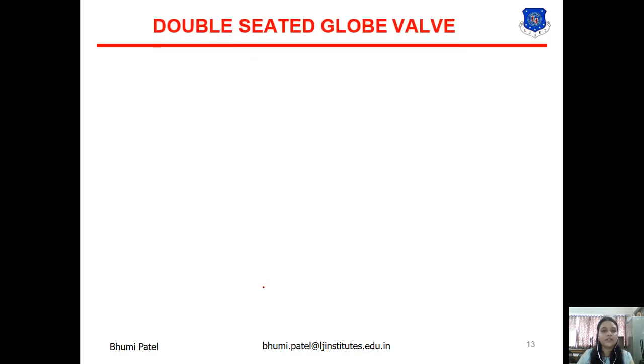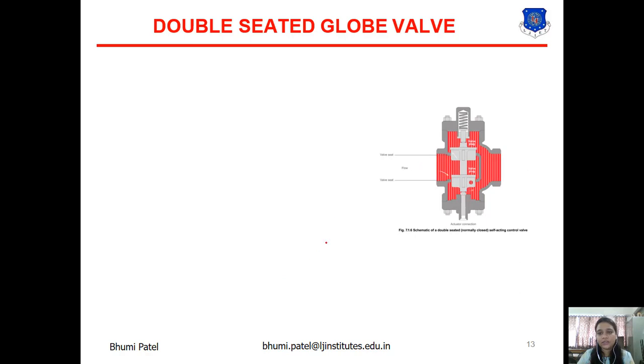Now next is the flow diagram, or the working, of the double seated self-acting control valve. Here you can see that two valve seats are used, and two valve plugs are connected through them. You can see this in the diagram.